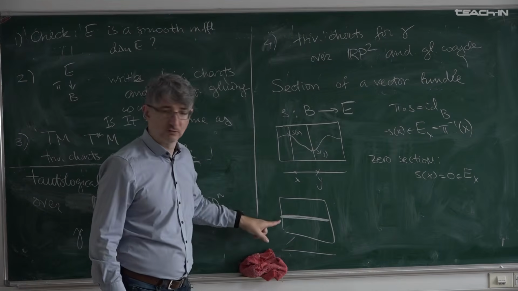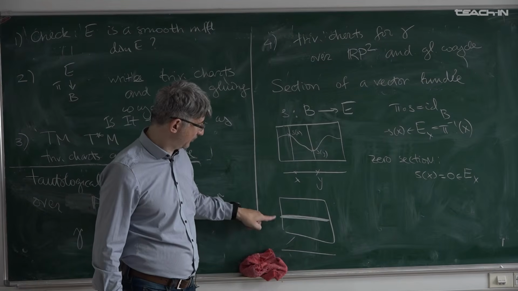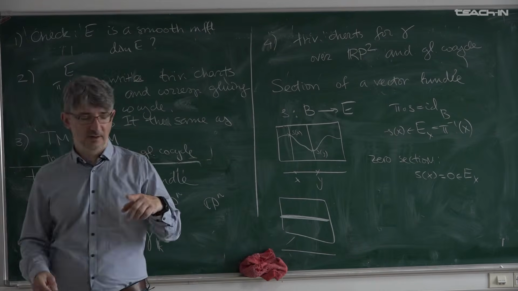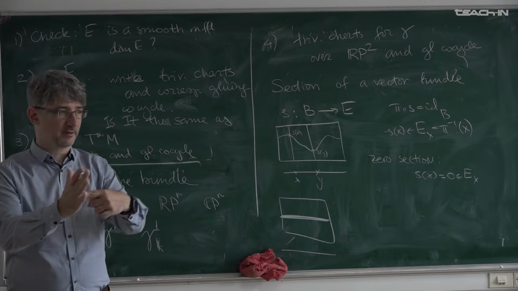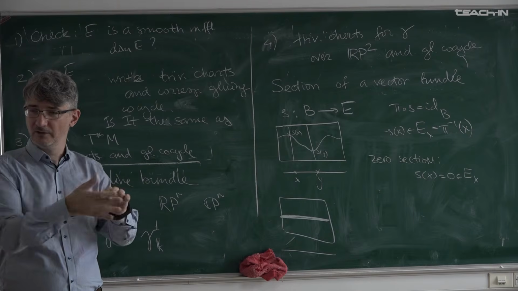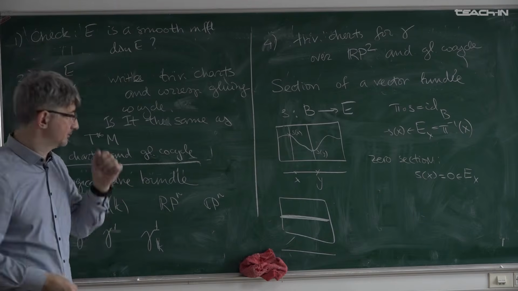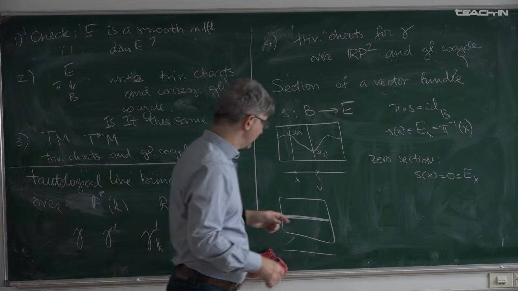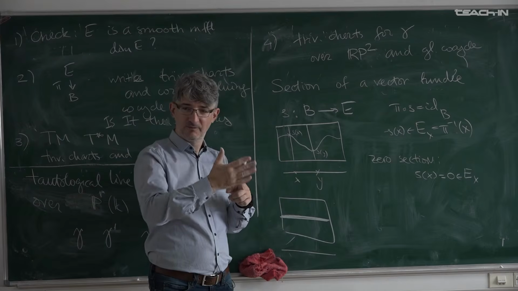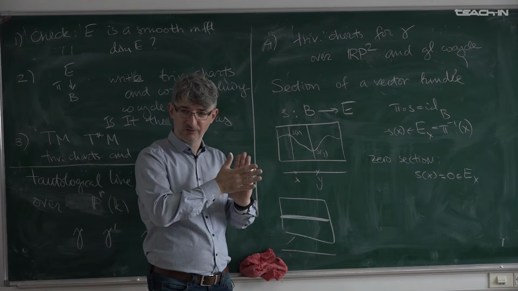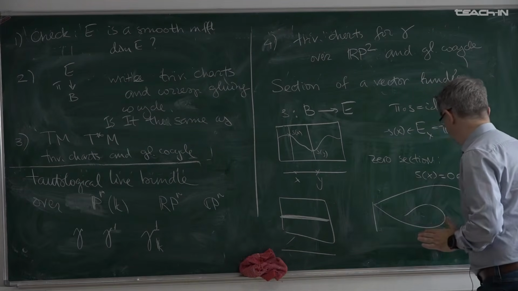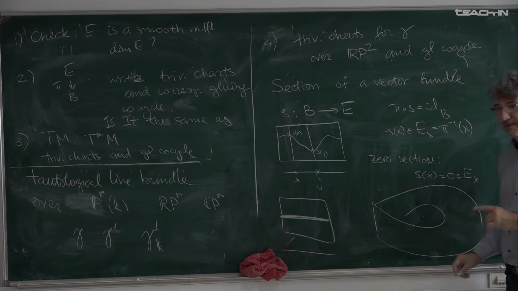Sometimes people use the zero section to identify the base with a very specific subspace in the total space. Imagine this is a base, this is a fiber, and then you move along the base, this fiber rotates, and if you go around the base, some loop maybe, this fiber comes back to the same fiber but with some twist. If you look at the Möbius band, you see what happens. Then I wrote Möbius band.